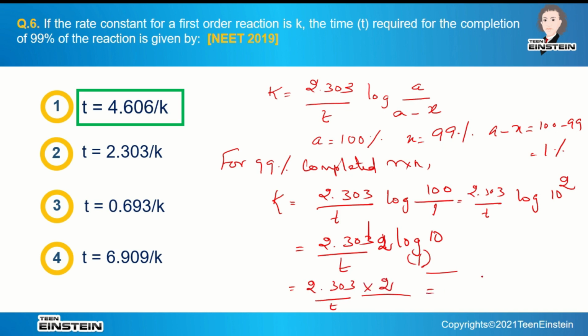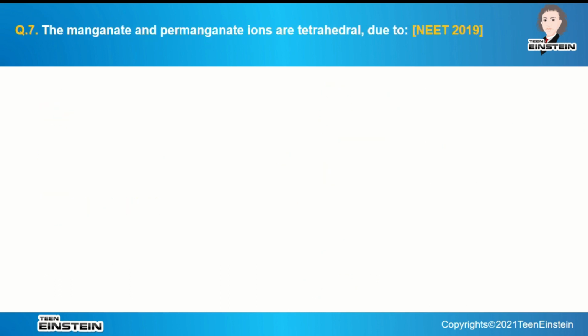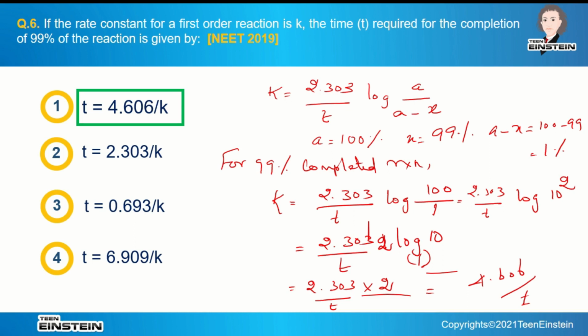So K = 4.606/T. So we need the time required for the completion of the reaction.